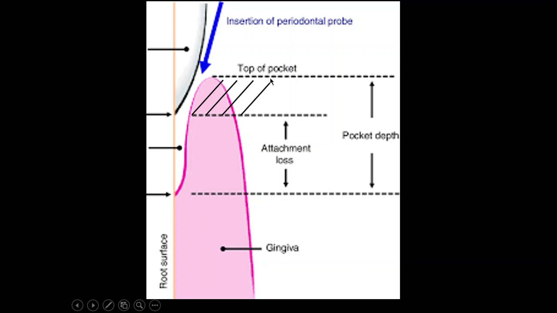So the attachment loss will be the pocket depth minus the amount to the top of the pocket equals attachment loss. So in the situation of the pocket depth measuring 6, we will minus 2, so the attachment loss here is 4. This is for the pocket.